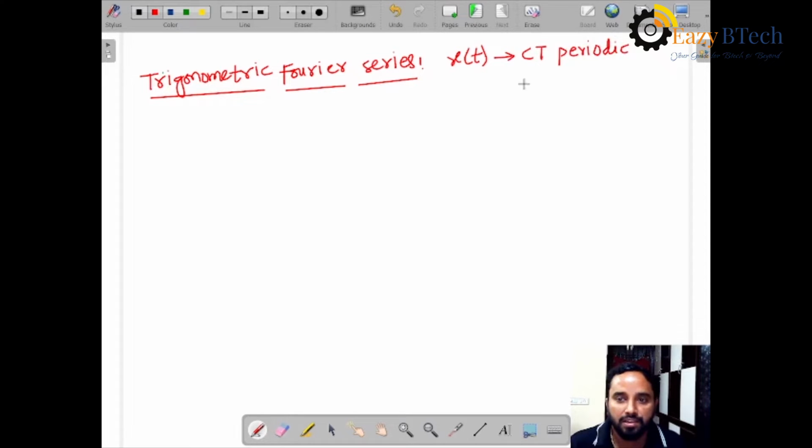We are taking it as capital T. This signal we are going to express.